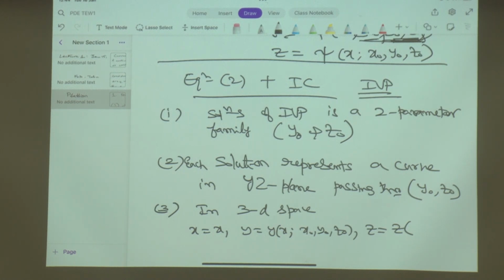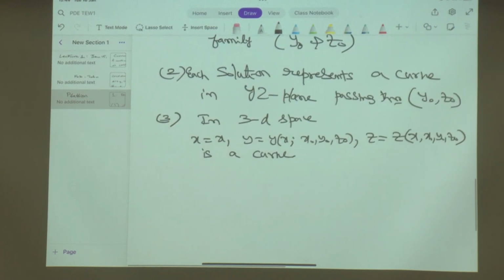Second coordinate is y as a function of x, which we have determined above, or phi if you like, and z is psi of x. As x varies in the interval on which these functions y and z are defined, you get a curve. So this is a curve. Is that clear?